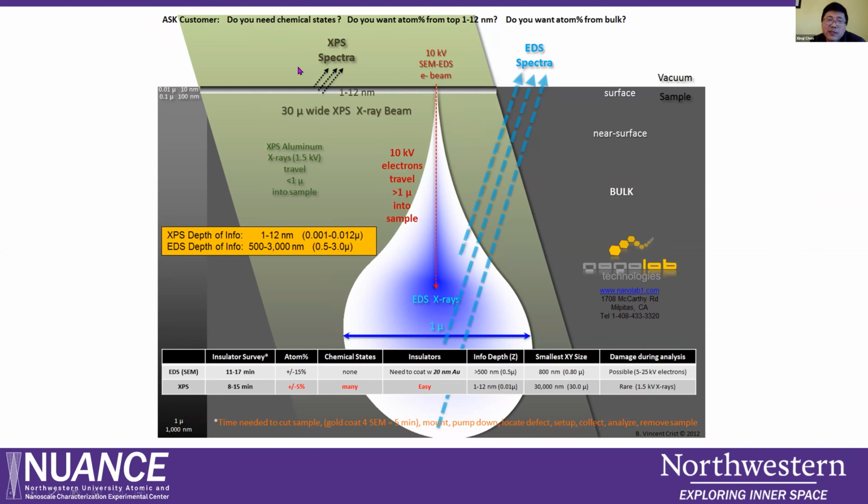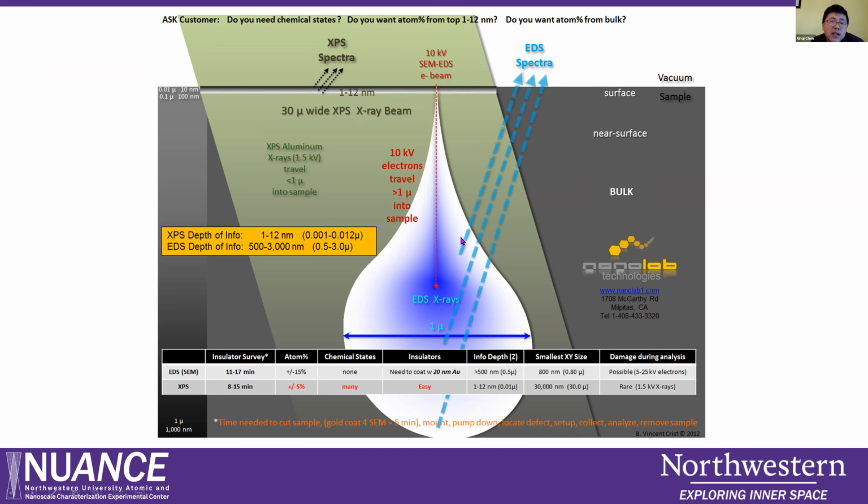So that is inverse. For EDX, the X-ray signal comes from much deeper. You see here, from here to here is around a micron deep, even deeper depending on the element. This information is from the bulk, not the top layer. For XPS, we only collect this layer, only 1 to 10 nanometers.